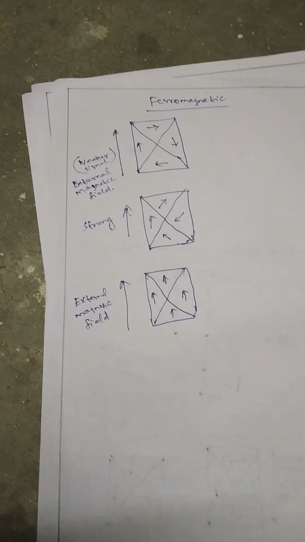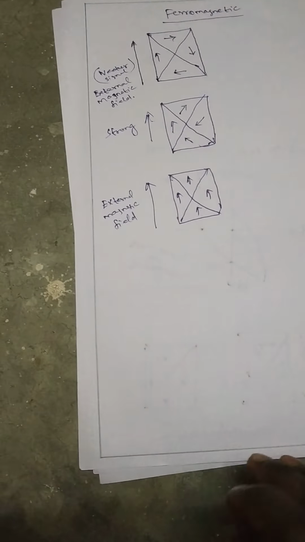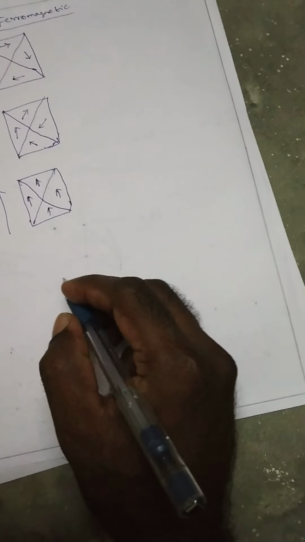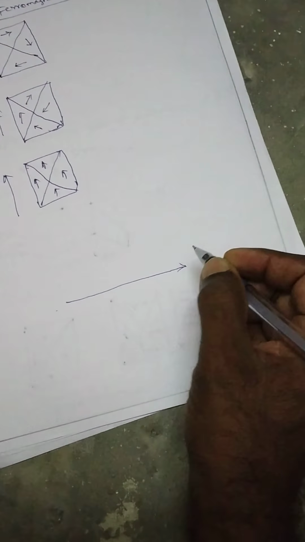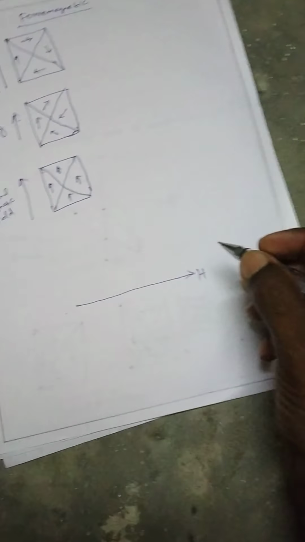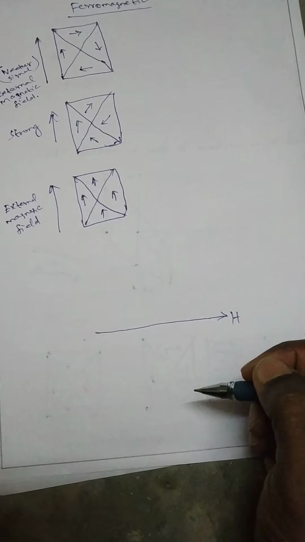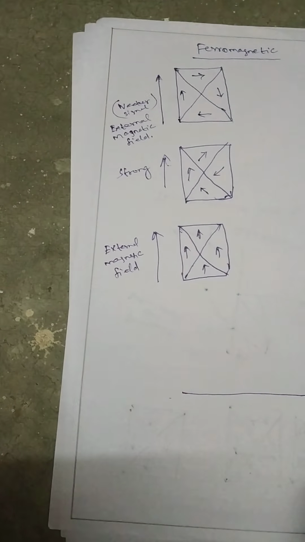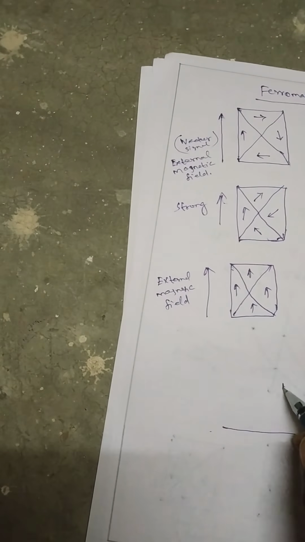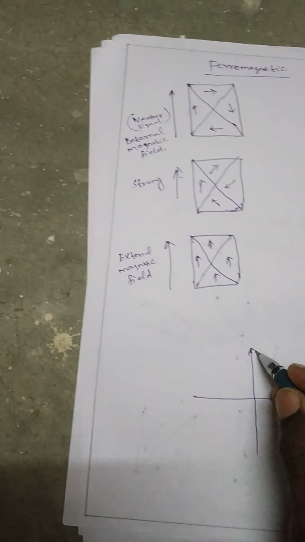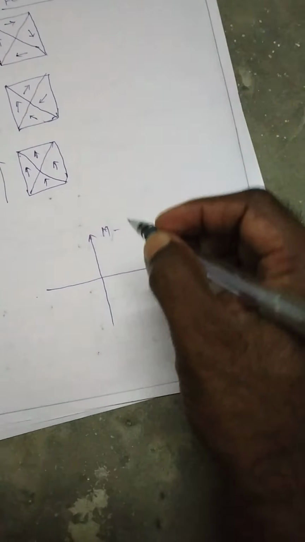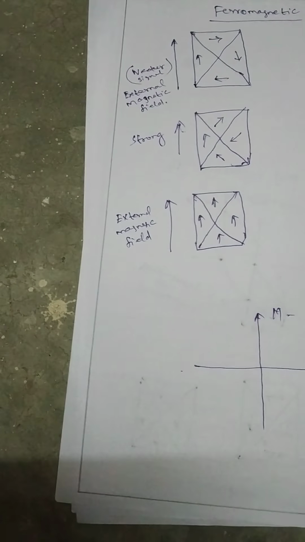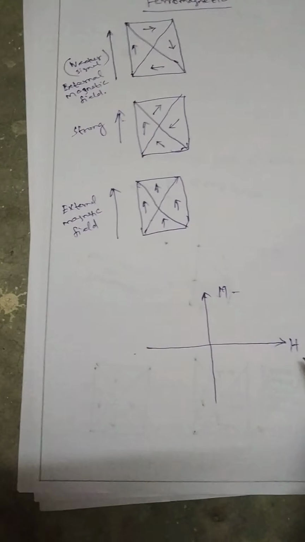Okay, now we draw a graph between the magnetic field, usually denoted by the X axis H, and the Y axis M. M means magnetism of the specimen and H means magnetic field.